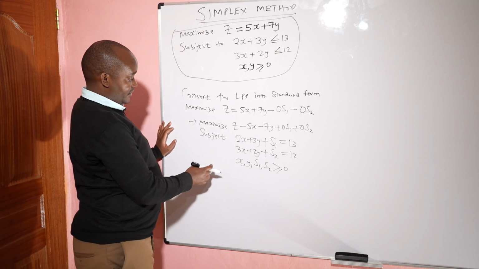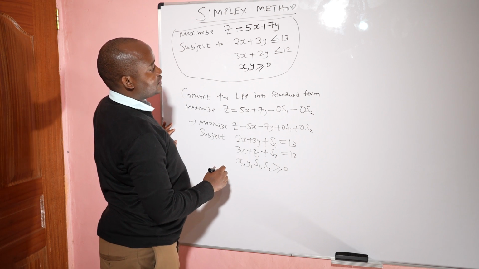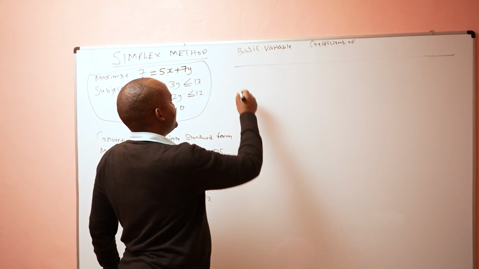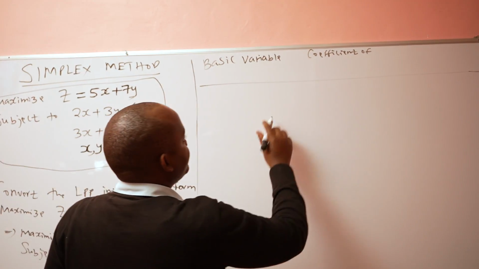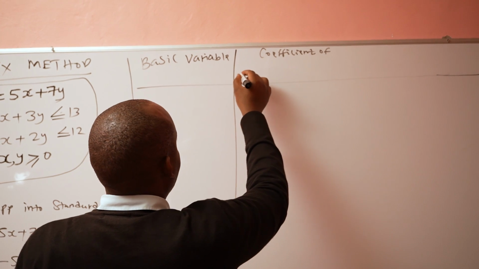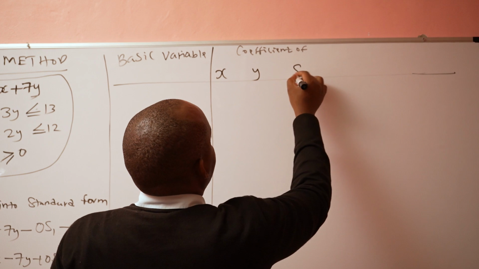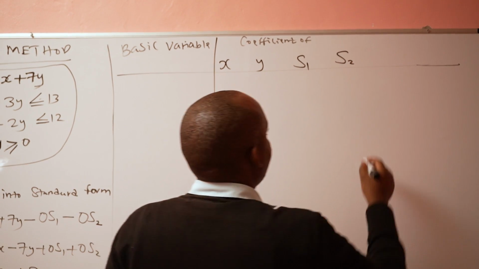So the next thing, after we've converted this into standard form, is we come up with the simplex table. And in the simplex table, this is what you're going to have. We have a basic variable, then after the basic variable, we have the coefficients of x, y, and also the slack variables s1 and s2.